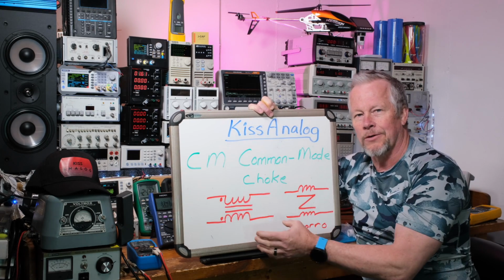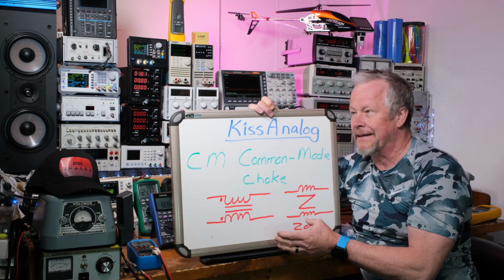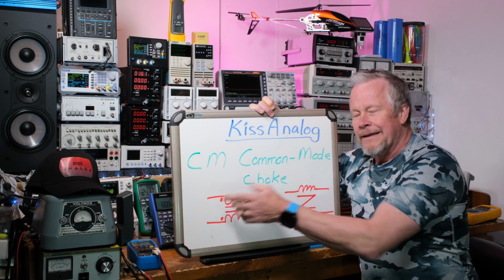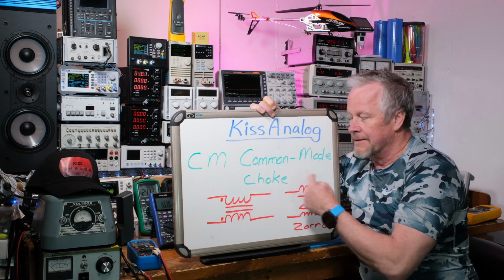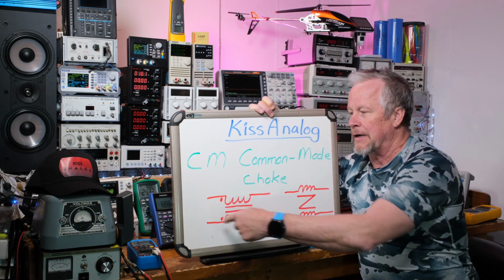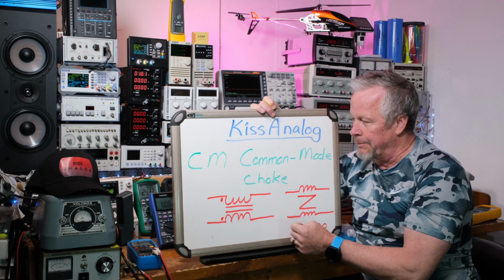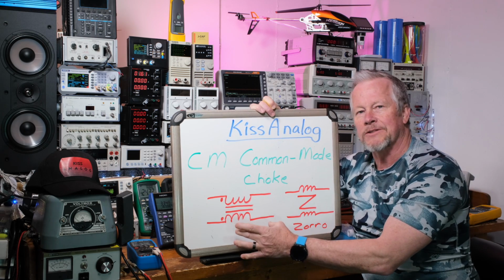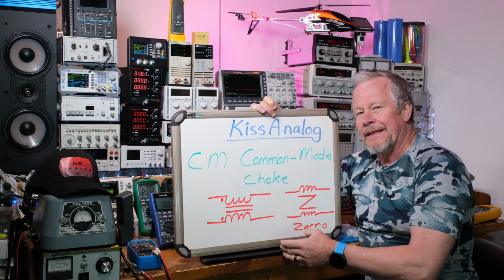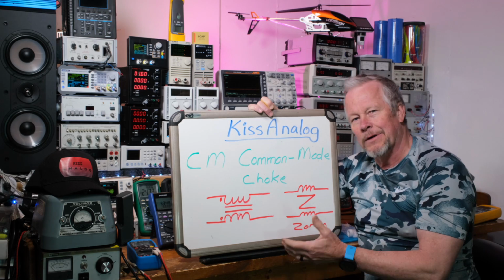So they cancel, okay? And that's the idea. So in a common mode choke, ideally, it's pretty much zero impedance to differential current. It's not, but I'm just saying that ideally it would be, okay? Because they would completely cancel. But they don't, and that's what we call leakage inductance. One of the names for it, okay?